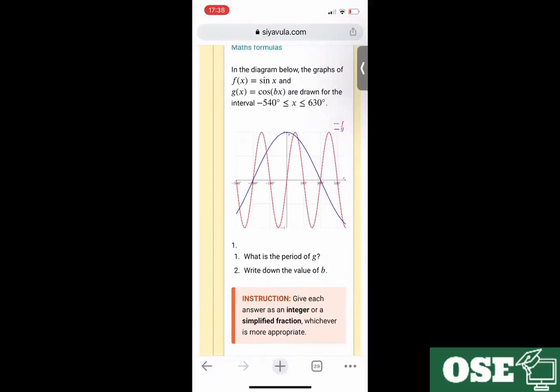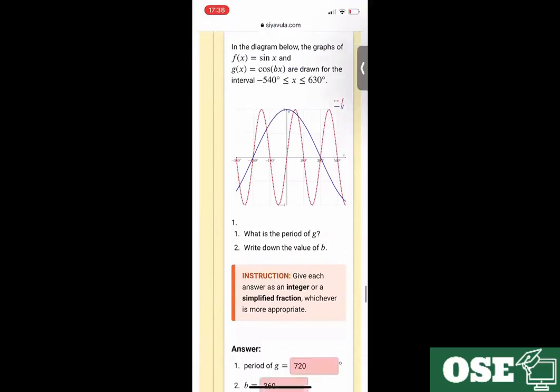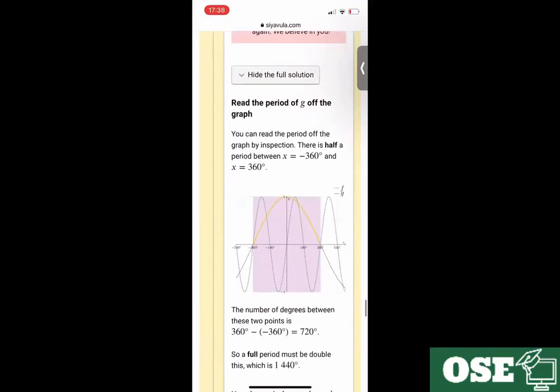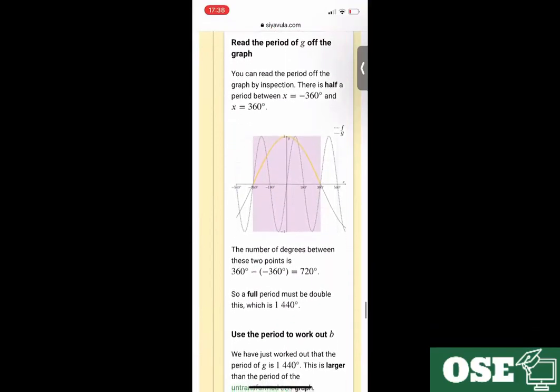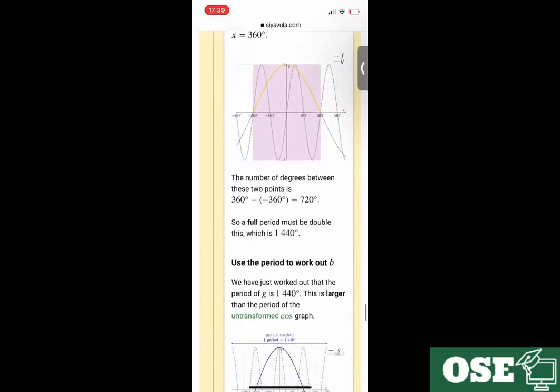Read the solution, Nigel. Starting from the number of degrees, the number of degrees between these 2 points is 360 minus, in brackets, minus 360, which is equal to 720 degrees.